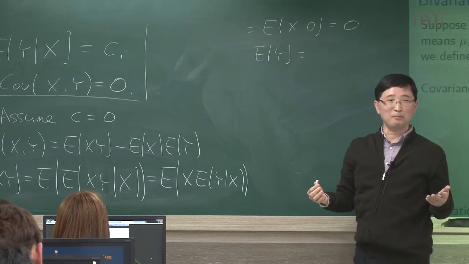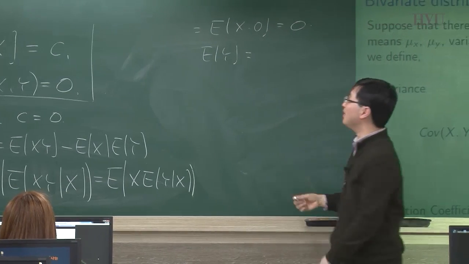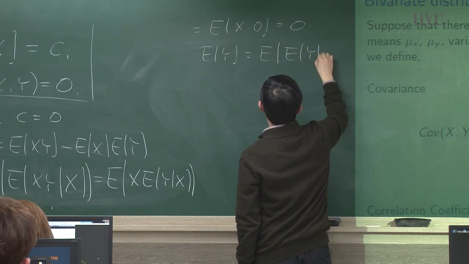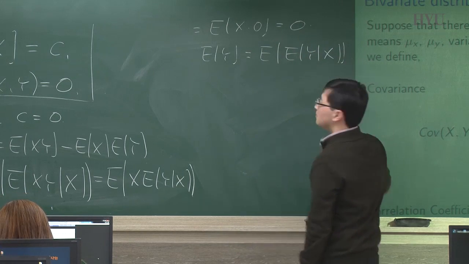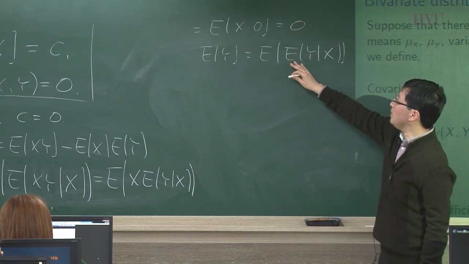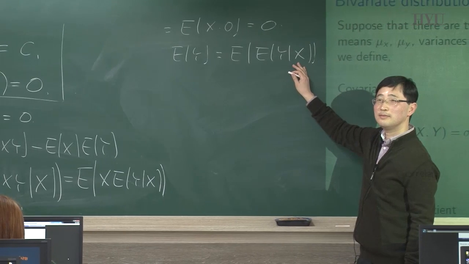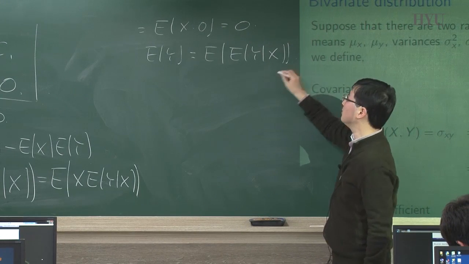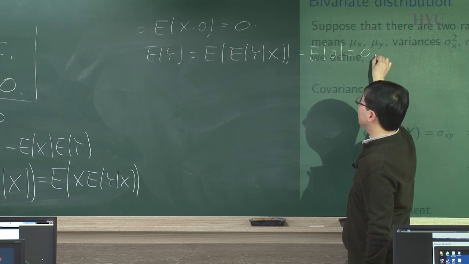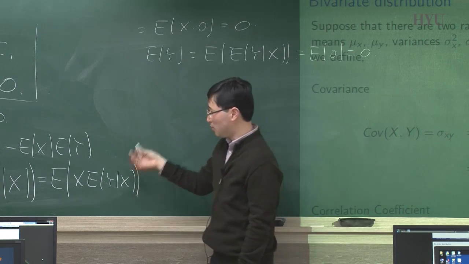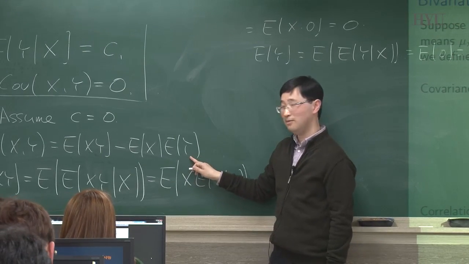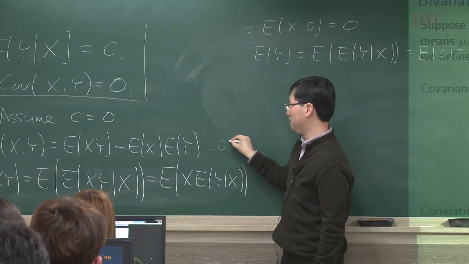Again, we have no idea what it is. So the only trick we know is the law of iterated expectation. Now, what is the E of y given x? That's 0. So we just showed that this is 0 and this is 0. So the whole thing is 0, right?